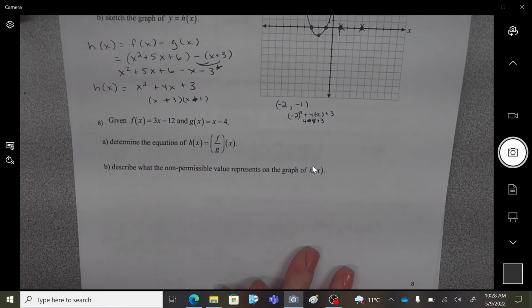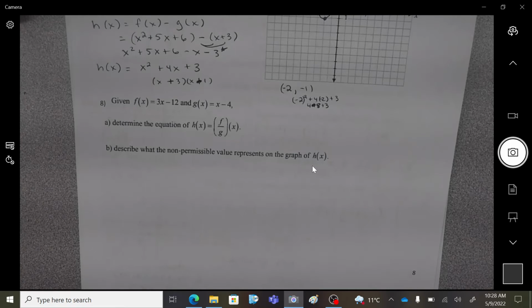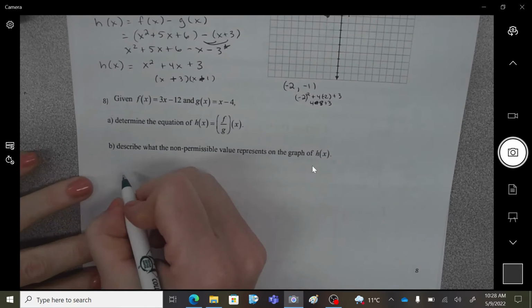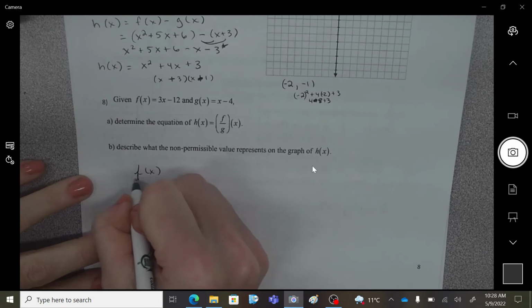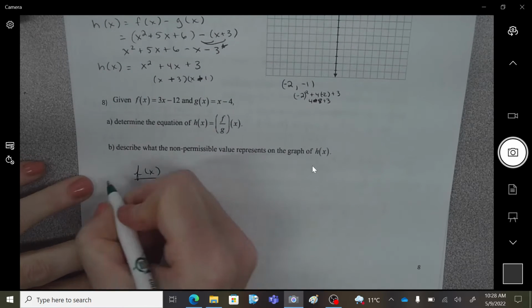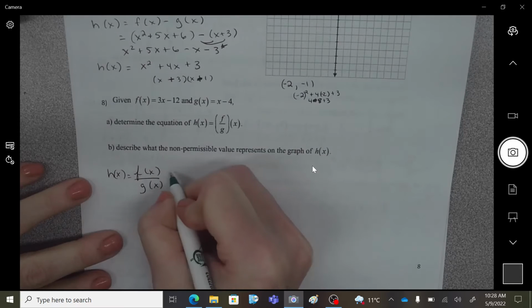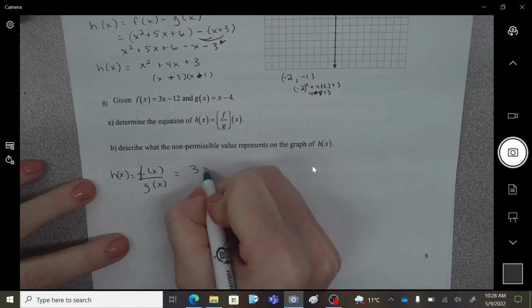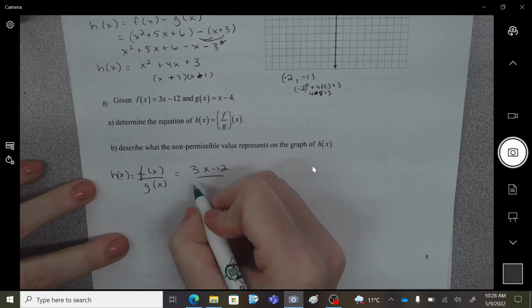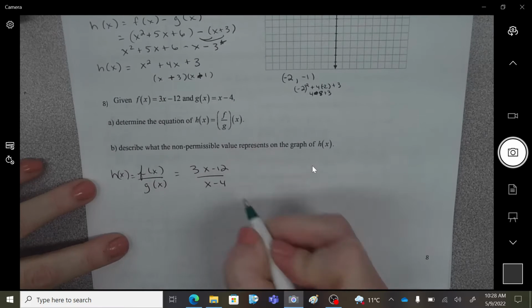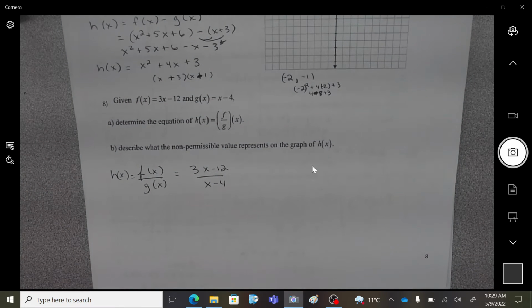Okay, number 8. I have the f and the g. Determine the equation of f divided by g. Alright, so f of x divided by g of x. So the f function divided by the g function. Okay, I can leave it like that, but to simplify it, I'm going to factor the top.